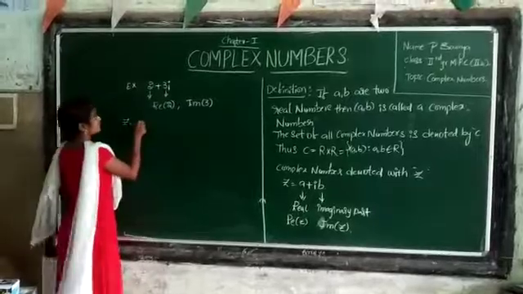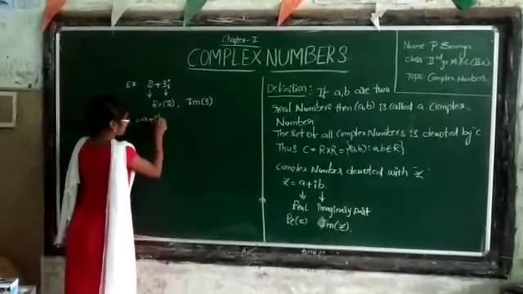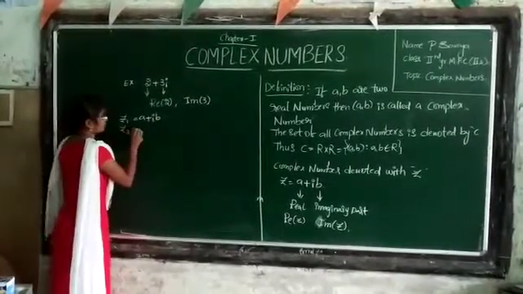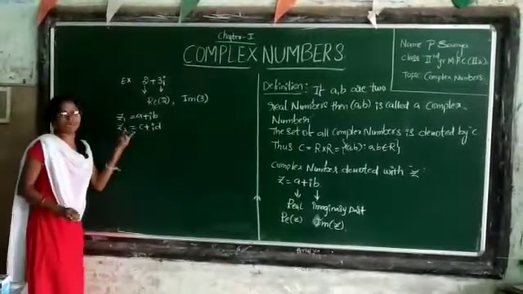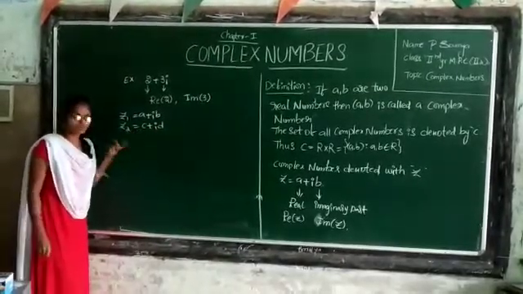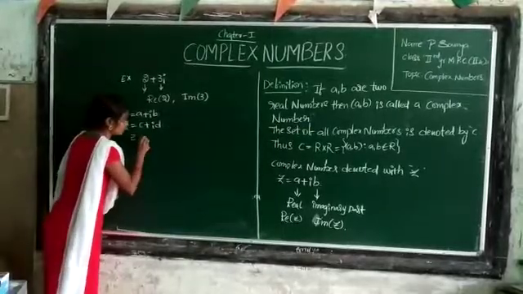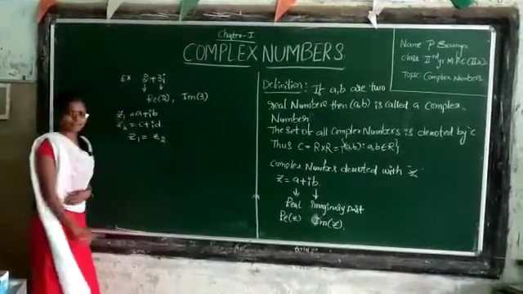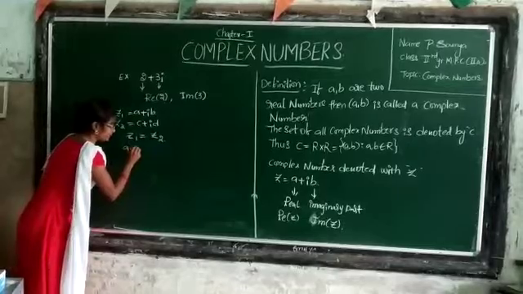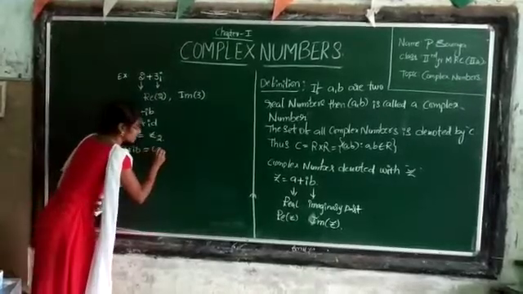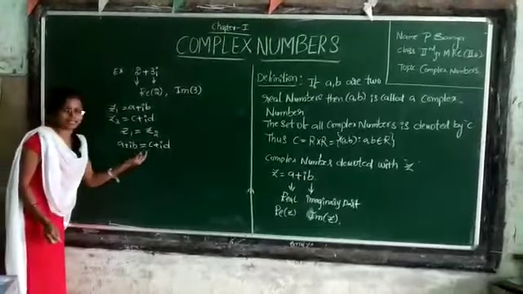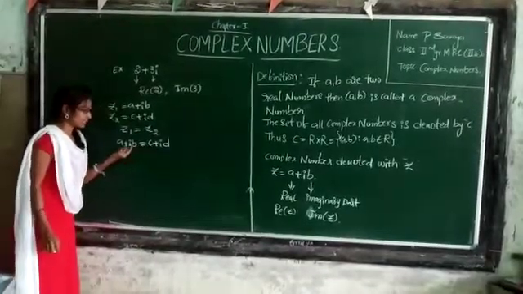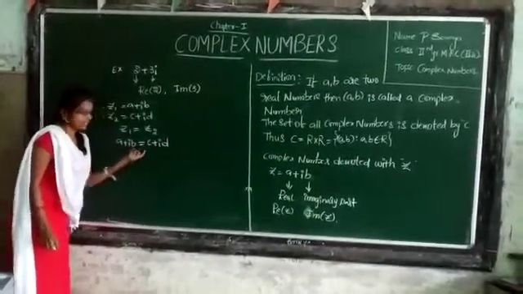Suppose z1 and z2 are equal. I am writing z1 equals a plus ib and z2 equals c plus id. If you take these two as equal, that is z1 equals z2, then a plus ib equals c plus id. Then you can equate the real parts and the imaginary parts.